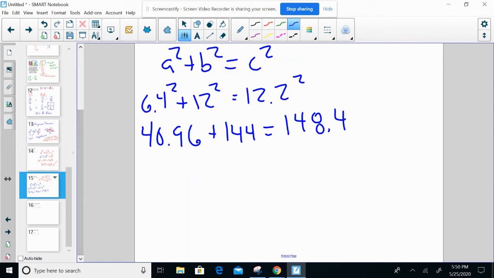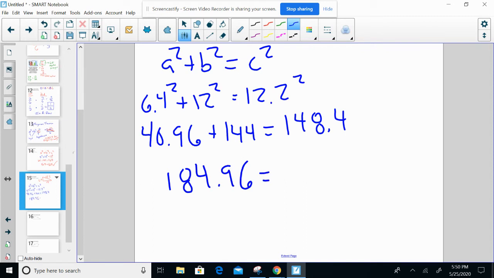All right, so add up these. It's 184.96, which is to be compared with 148.84. Now, are those equal? I really hope you're able to tell me no, they're not equal. Therefore, it is not a right triangle.